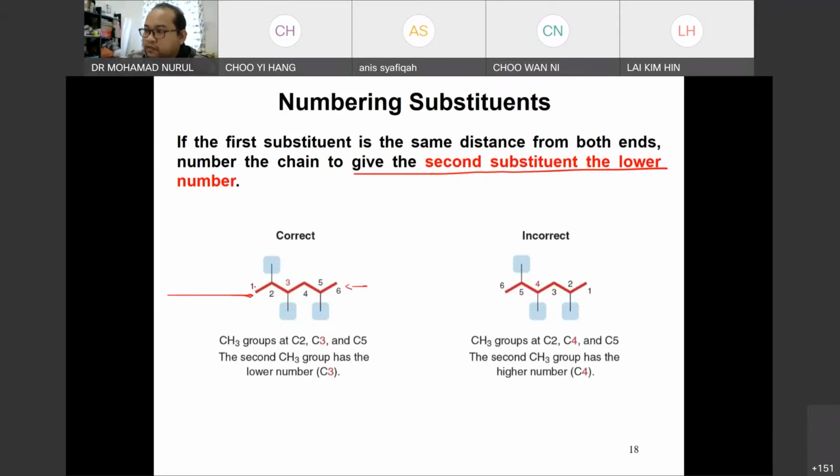If we start from here, the second substituent, a methyl, is at carbon number 3. Meanwhile, if this one is carbon number 1, the second substituent is at carbon number 4. So it is preferable to start from here as the first carbon.